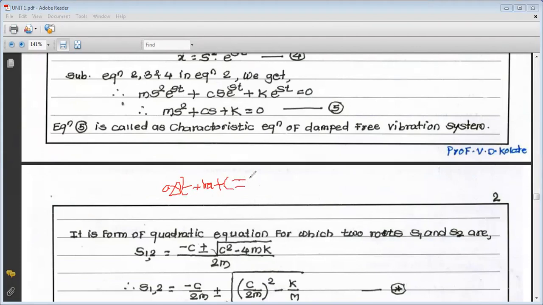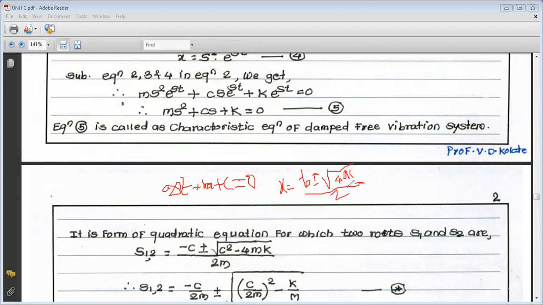Now this quadratic equation has two roots. So x has two roots. What are those roots? Minus b plus or minus square root of b square minus 4ac, divided by twice a.